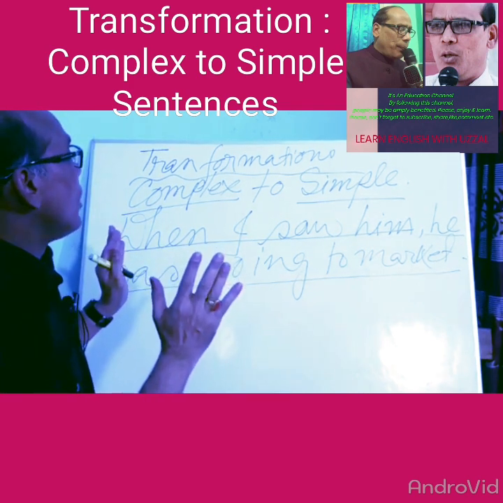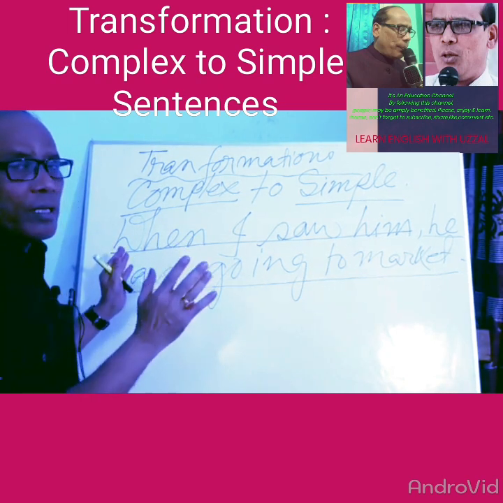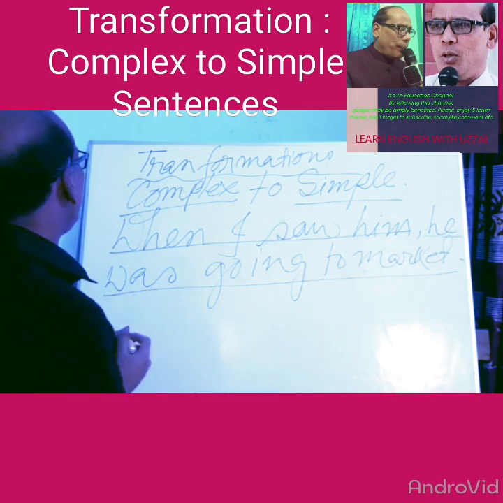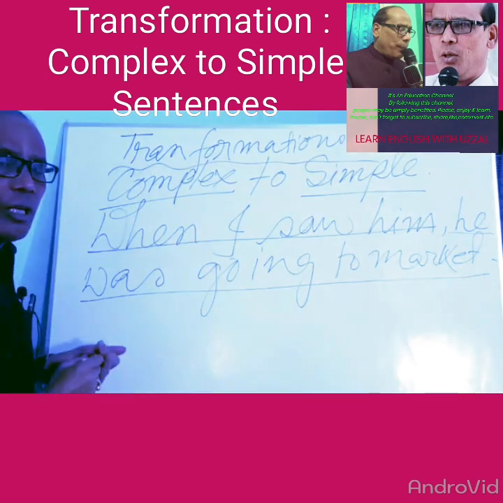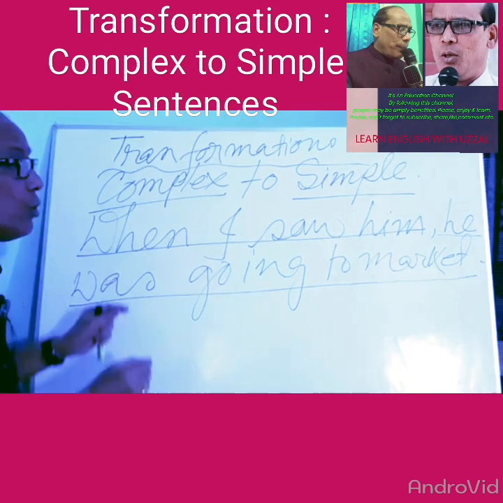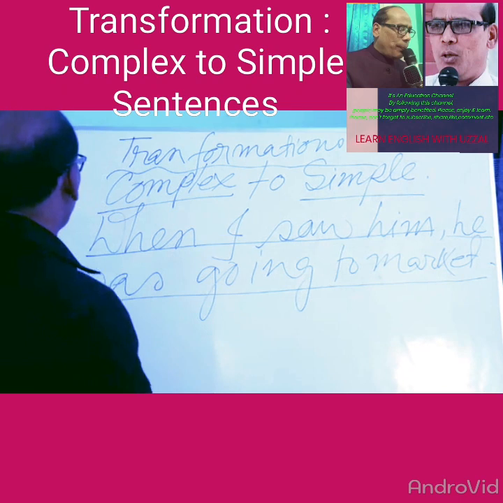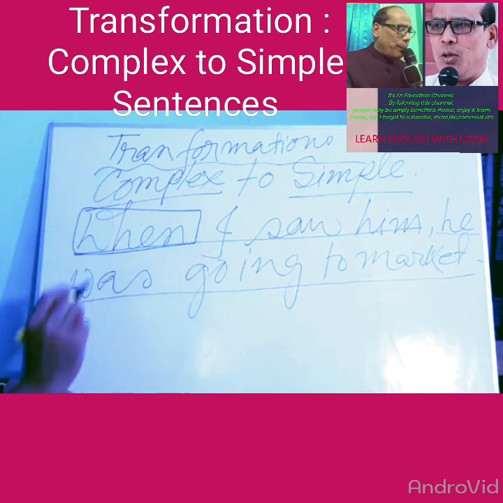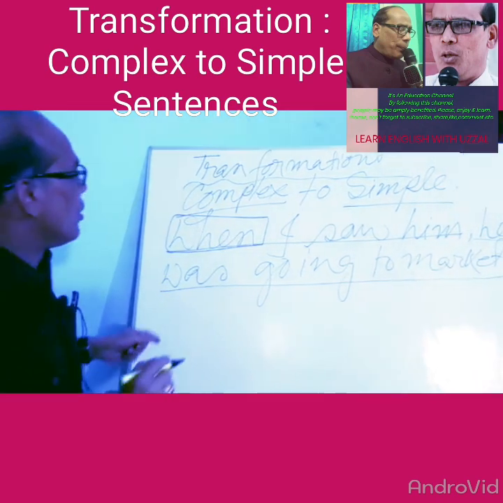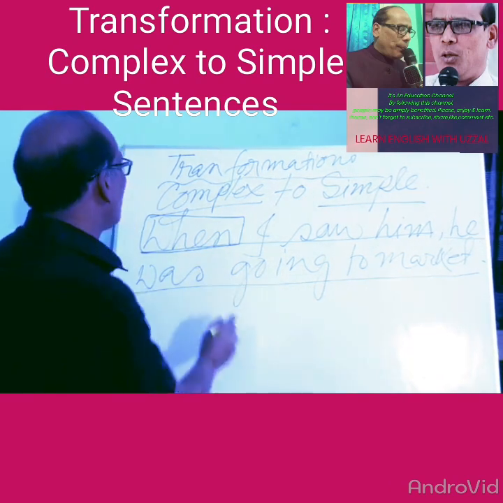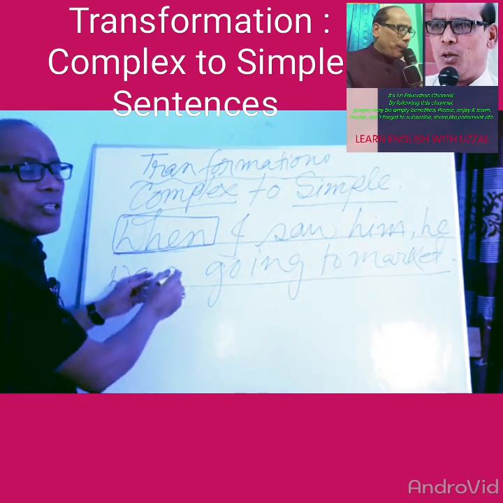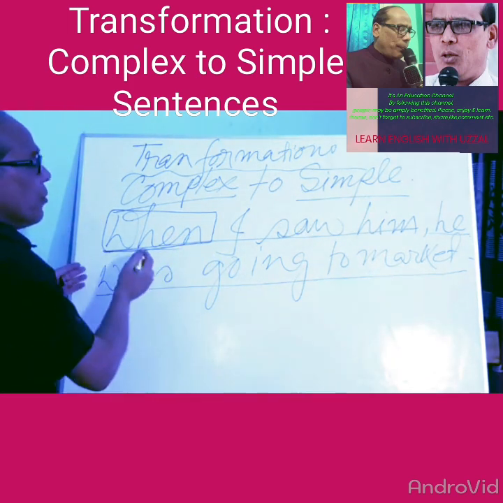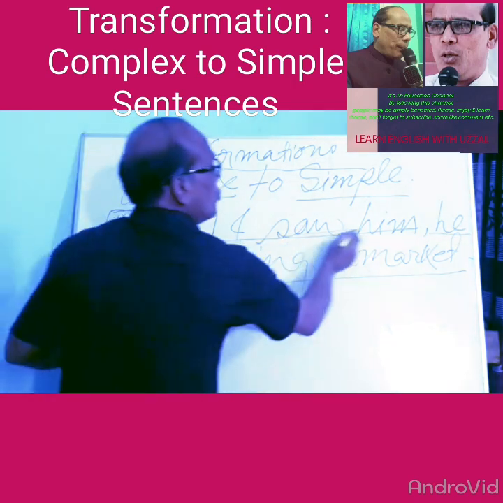But how could we make the difference between the main clause and the subordinate clause? Is there any easy way? Yes, there is an easy way. If you look at the conjunction, it will be easier to find out which one is the main clause and which one is the subordinate clause. The clause which begins with any conjunction, suppose when, as, since, because, if, though, although, etc., you will have to think that is the subordinate clause.